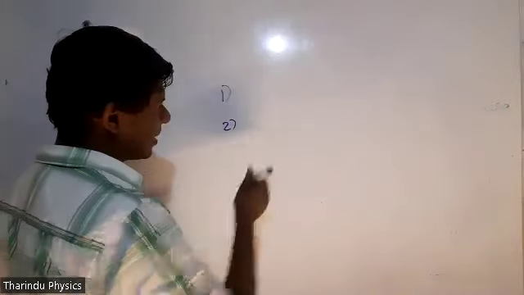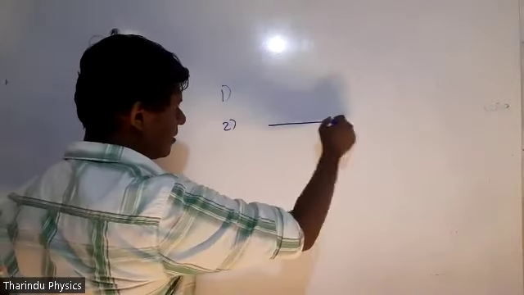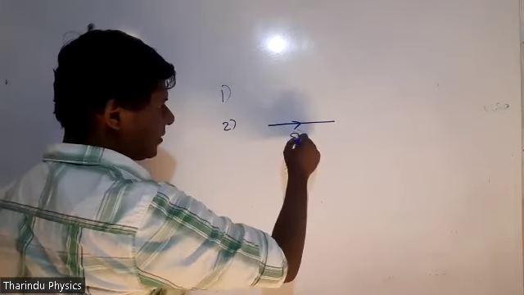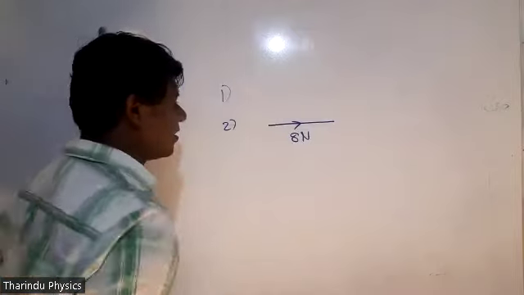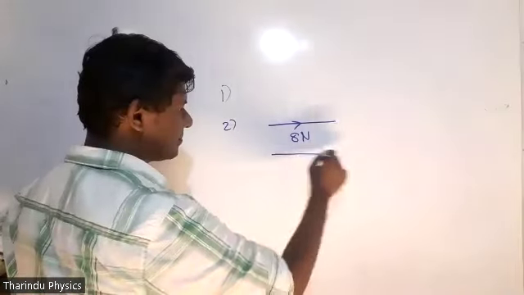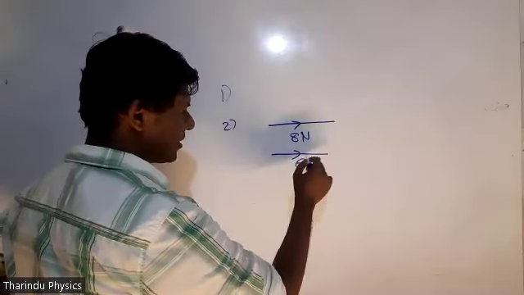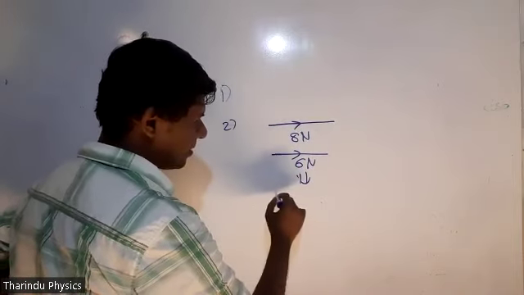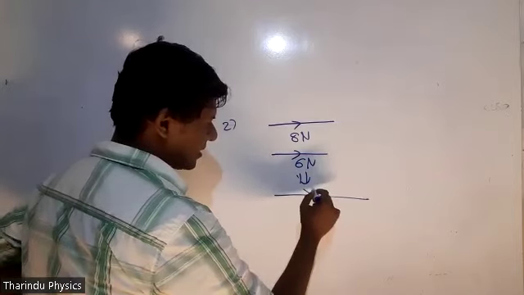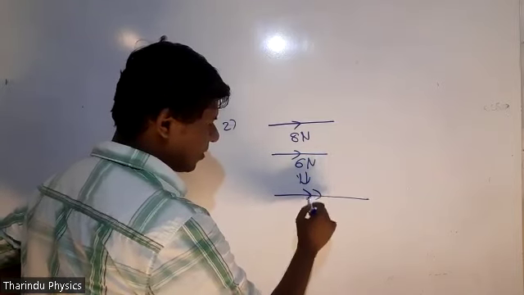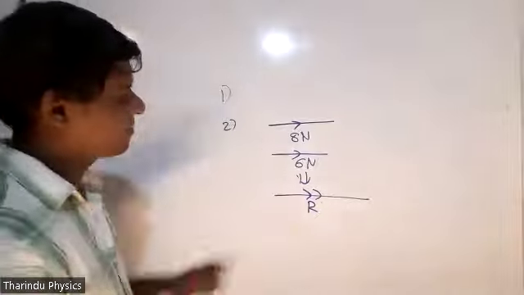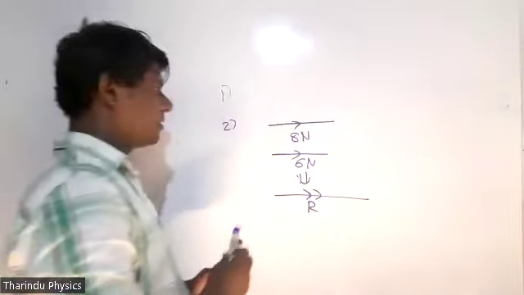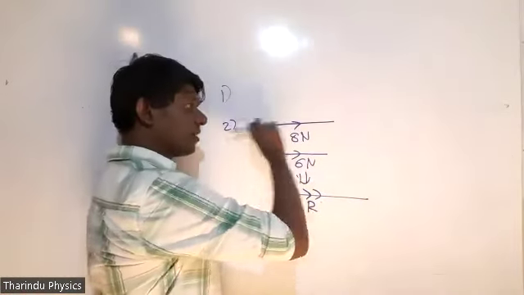Have a really good look now. It is like 8 Newton. You are going to add this with a 6 Newton force. Okay, what is the resultant now? When you represent the resultant, you have to add a double arrow and represent. Here you can see the direction of the first one is to the right.